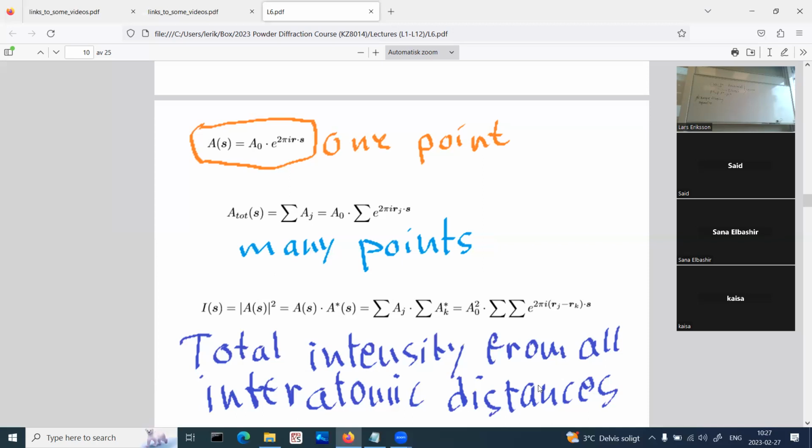But if we sum over all, then J will also be K, and K will also be J sometimes. So we have that vector, and somewhere else the completely opposite vector. So the intensity is also a real number. That is important, because this we can observe. It is a very complex equation.